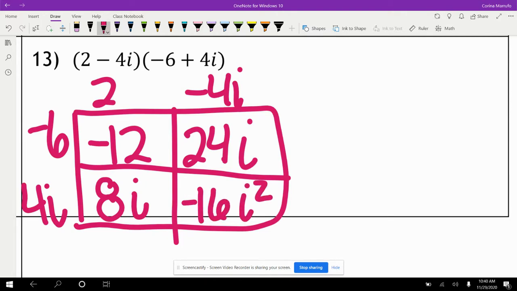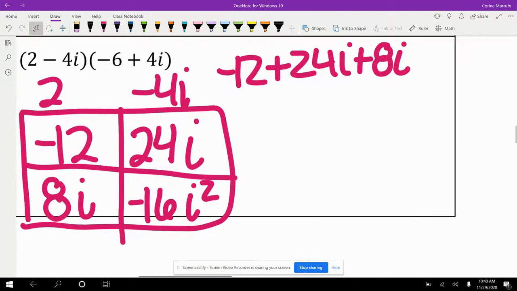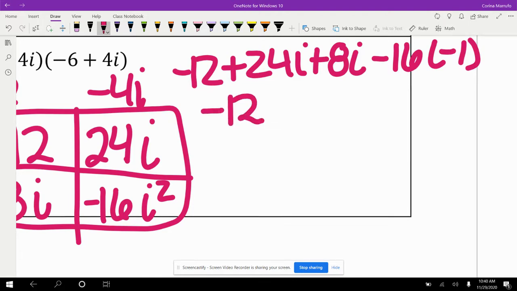Okay, so we go ahead and write it all out. We have negative 12 plus 24i plus 8i minus 16i squared. But remember, whenever you see an i squared, you have to replace it with the negative 1. So all we've got to do is simplify this. We have negative 12, 24i, and 8i.